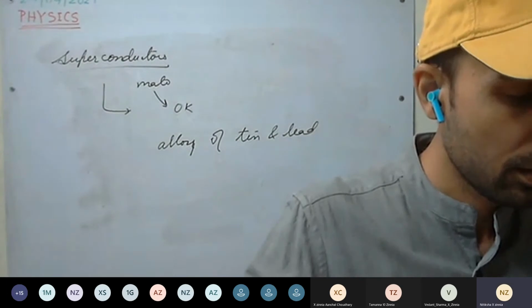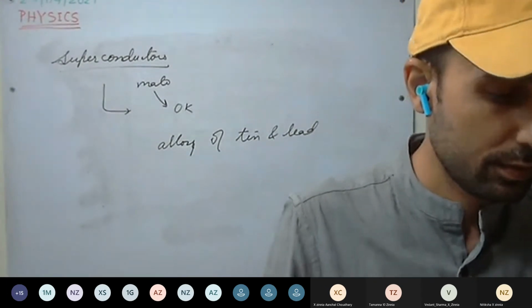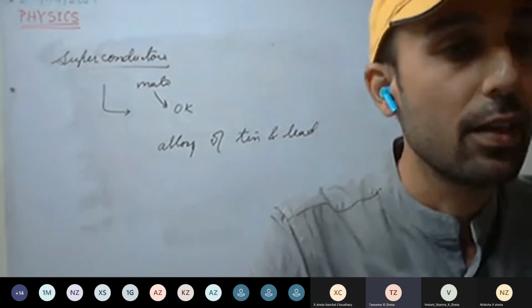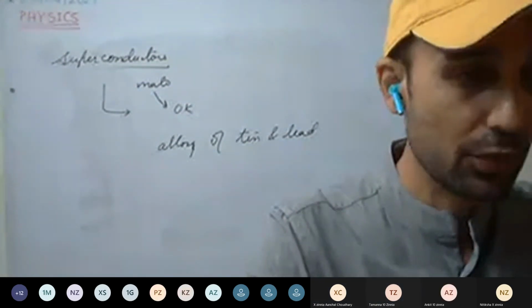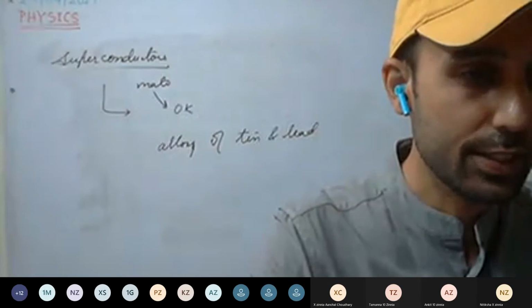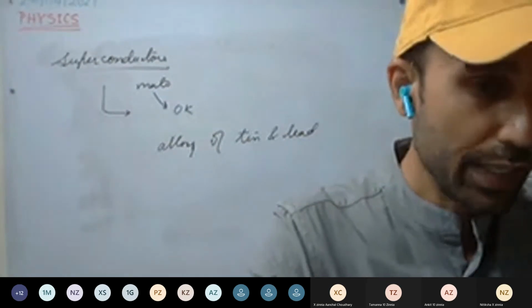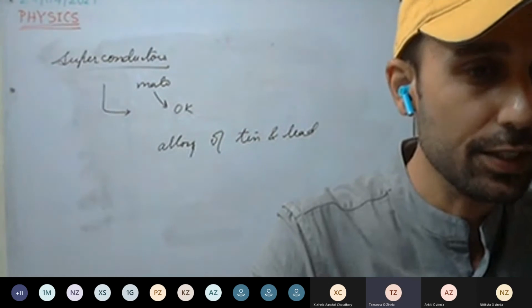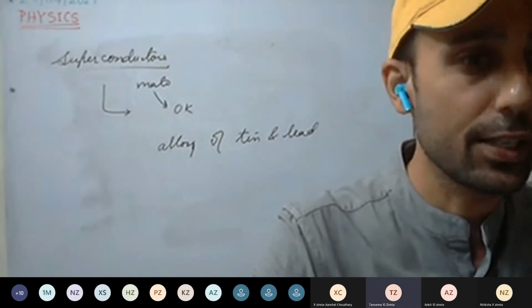Sir, can we leave? Yes, you can leave. Thank you, sir. One more thing, see here, last year's book and this year's book are the same. So you can ask your seniors who were in 10th class last year, and you can get the books from them.